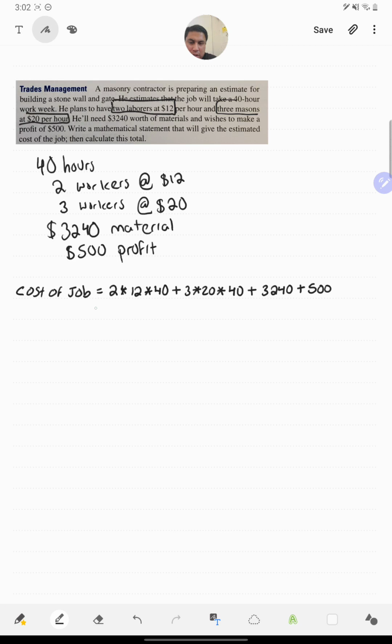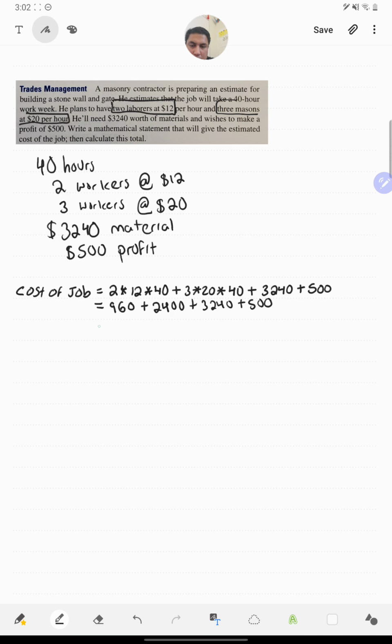So now we're going to work this out. So let's do the first part. 2 multiplied by 12 multiplied by 40 gives us 960 plus 3 multiplied by 20 times 40 gives me 2400 plus 3240 plus 500.